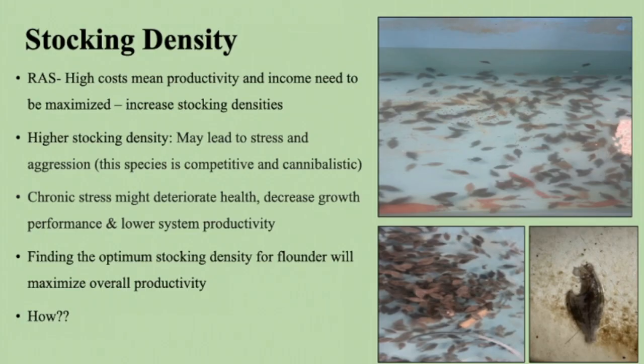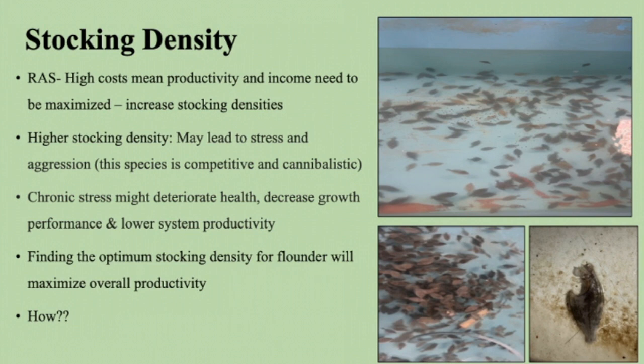As we know, RAS has a high cost, and that means we need to maximize the productivity and income. One of the ways could be to increase the stocking density, but if we keep on increasing the stocking density, that might lead to stress, as this species, especially while eating, is competitive, and they also have a cannibalistic nature.